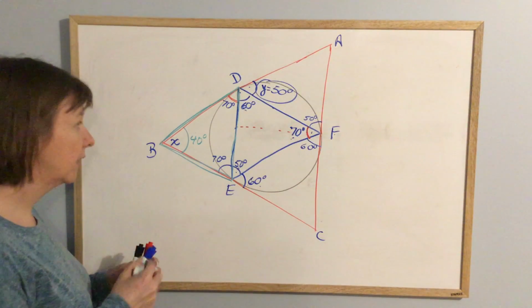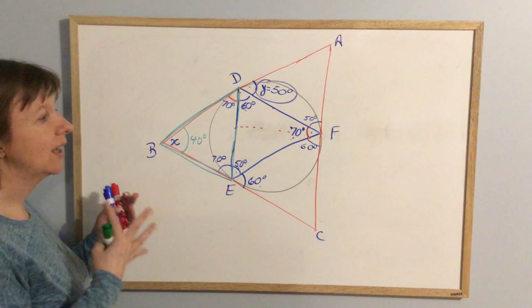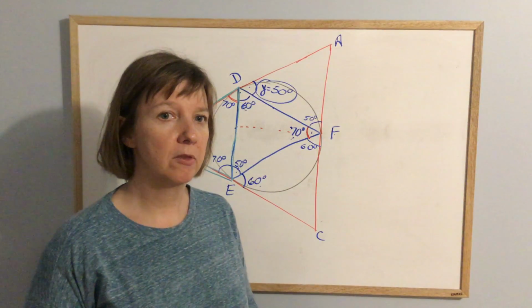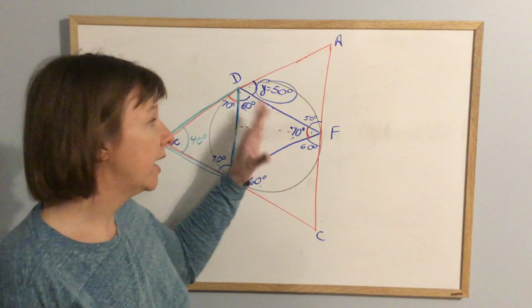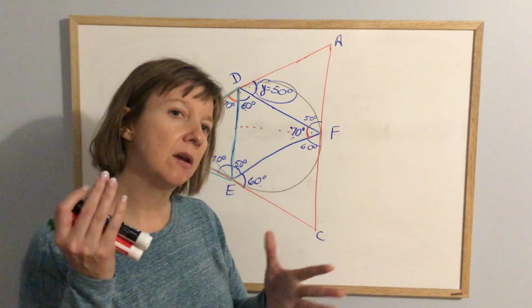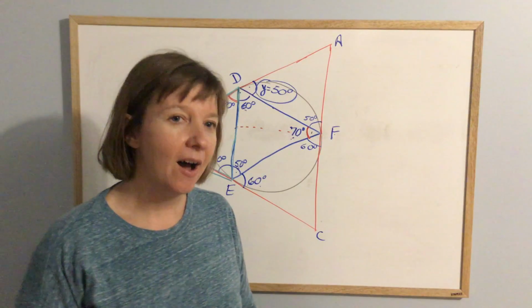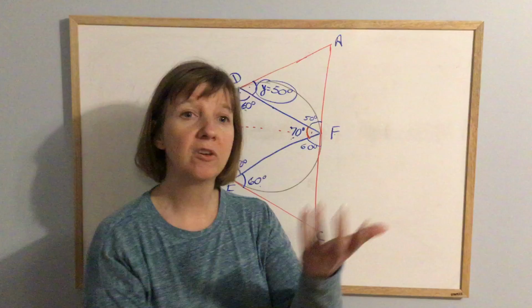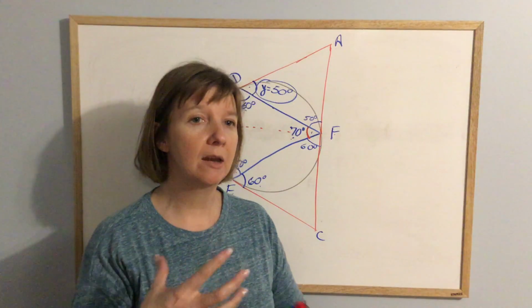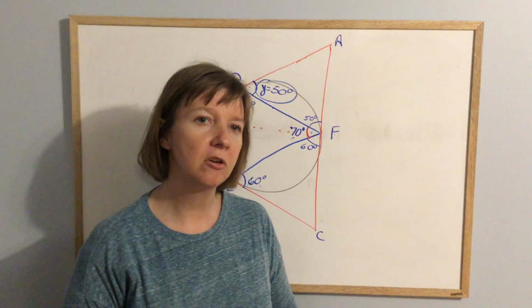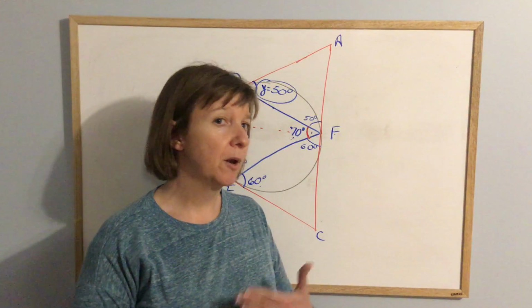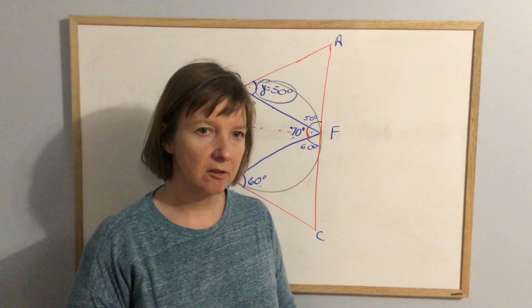So, again, can you look at things with different perspectives? You might look at it one way to figure out one angle, but then kind of change your view. I've even gone so far with some of these as to take my textbook and even rotate it, move it around, just so I get a different perspective on the picture, because sometimes that will help me see something that when I was looking at it right side up, I didn't see.